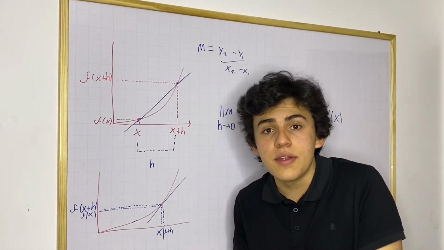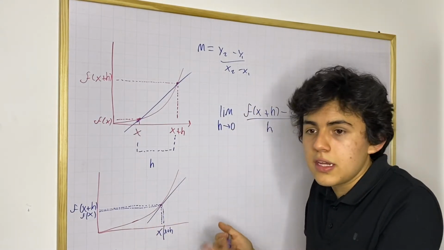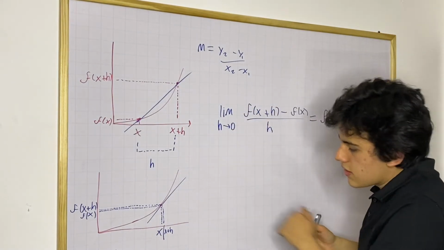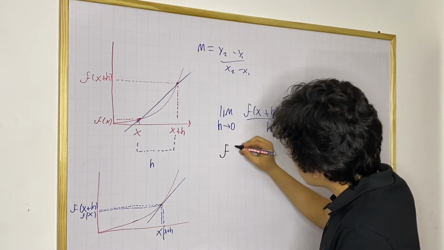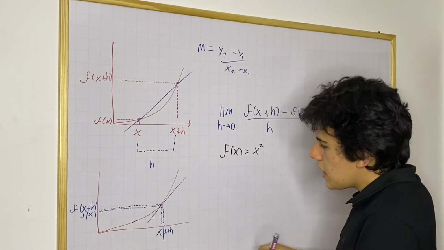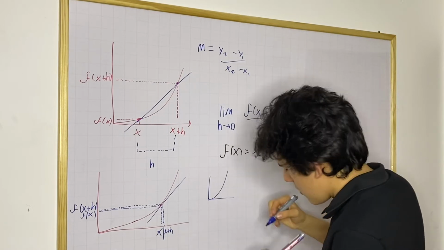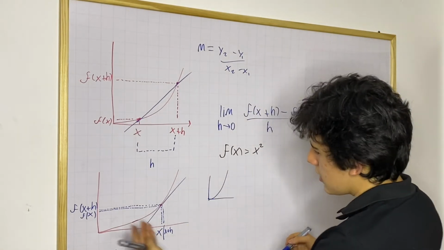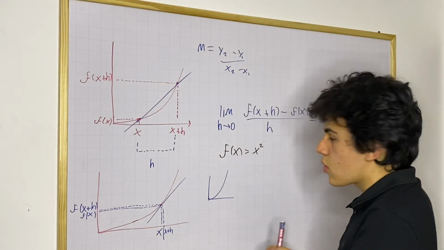We say it is a derivative because it is derived from the initial equation or the initial function that you have. So for example, we're going to say that f of x is equal to x squared. Now we know that would give us a graph something like this, and of course you have the negative part, but I'm just gonna focus on the positive part of the parabola.